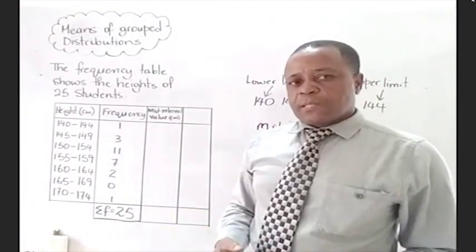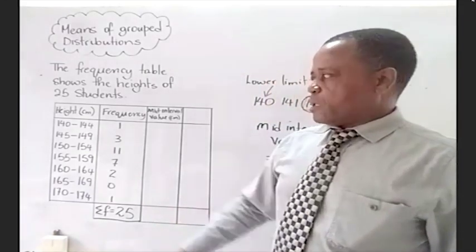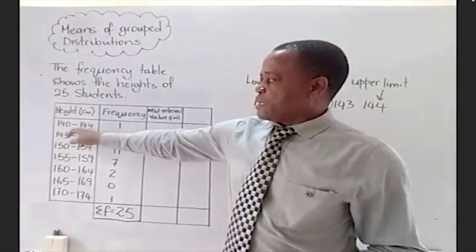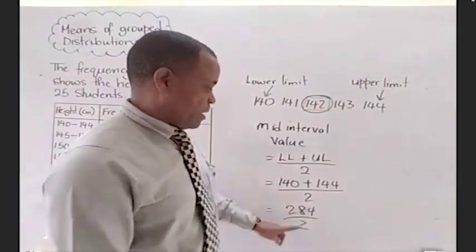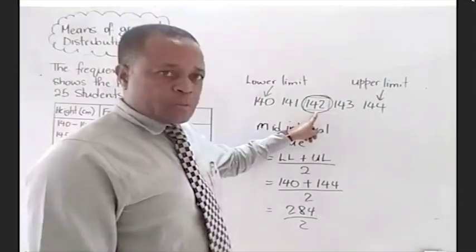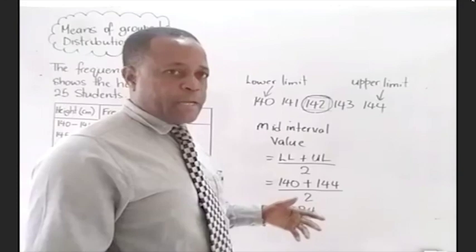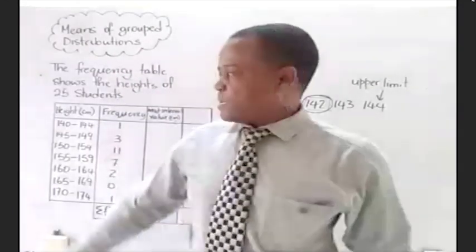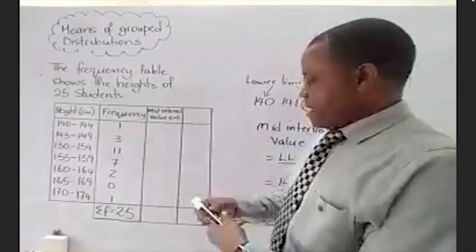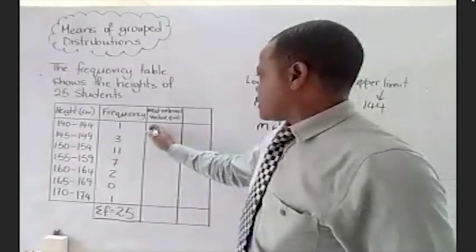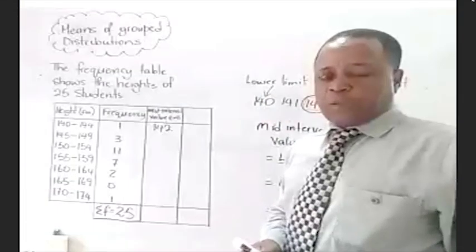So let us say we're assuming that all the students in this group would have a height of 142. So we are making an assumption that all the students in this particular group will have a height of 142 centimeters. That's what we're actually doing here. So we're making an assumption.